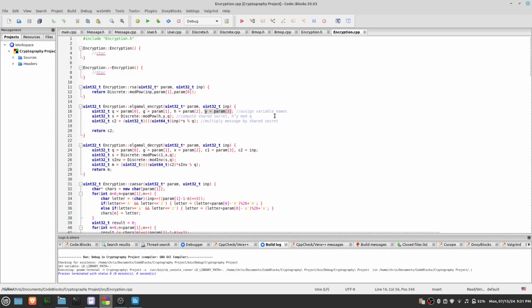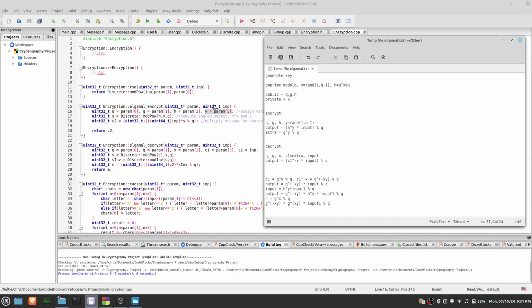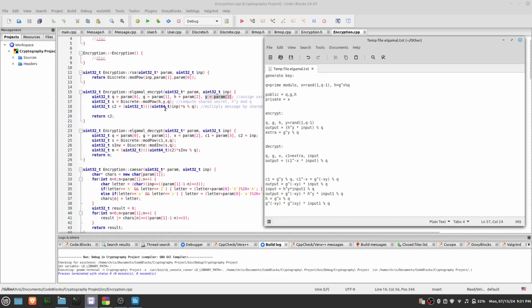Or maybe it's just that there's a bit of extra information that gets randomized with every message that it doesn't know how to work with. It's kind of hard to explain. But anyways, so next thing we do is we take S equal to h to the power of y mod q, and then we multiply that by our message, and then return modulo q.